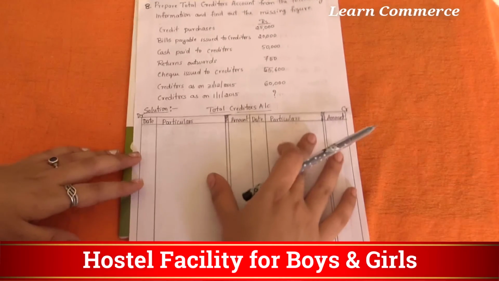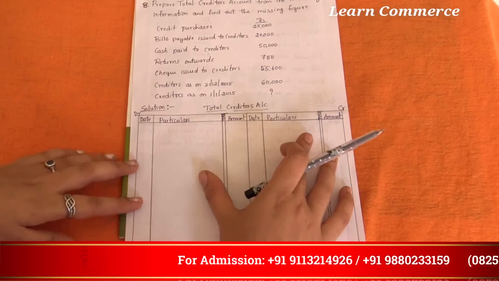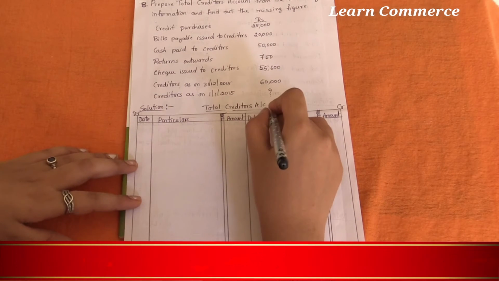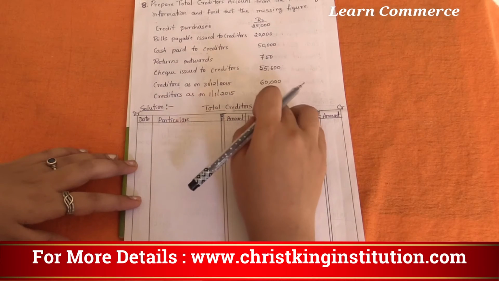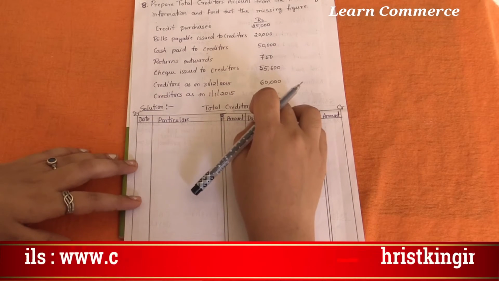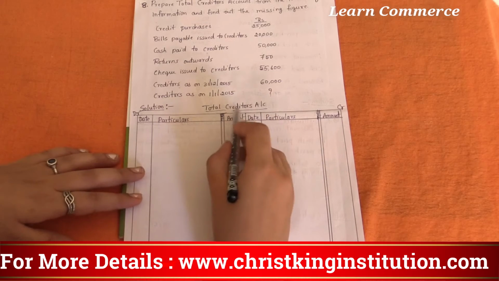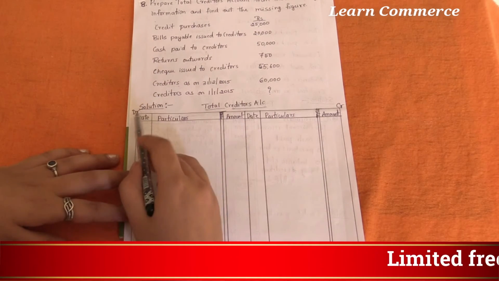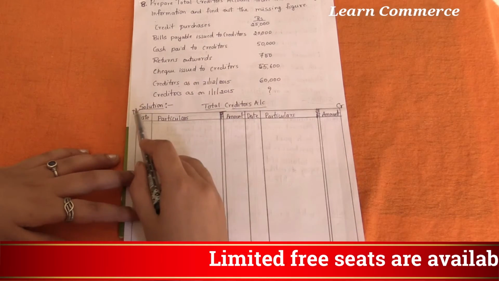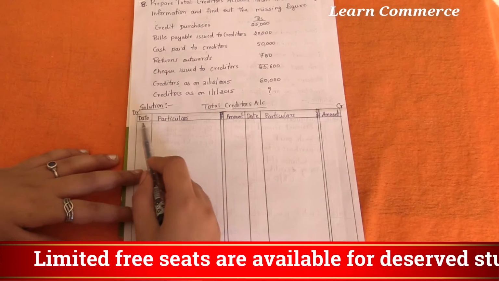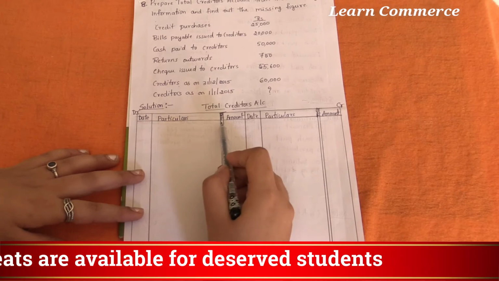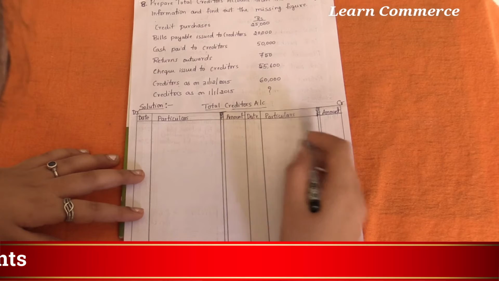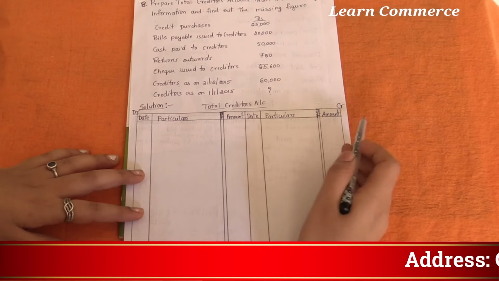Let's solve the problem. Always in the total creditors account, the first entry will be opening balance, but opening balance is not given. So write the total creditors account heading, then draw the ledger, then write debit and credit, then date, particulars, journal folio, that is JF, amount, date, particulars, journal folio, JF, amount.